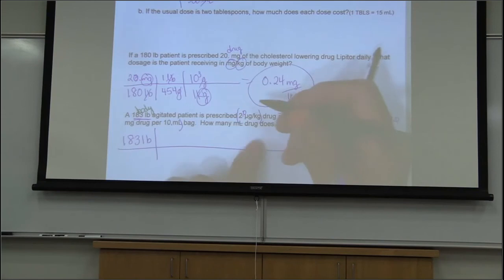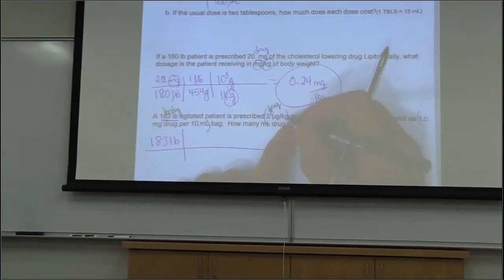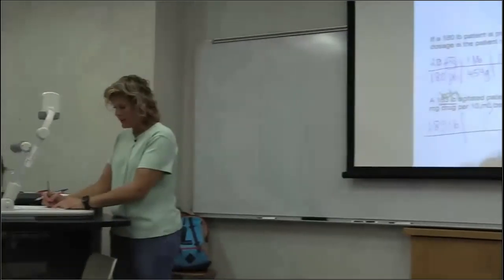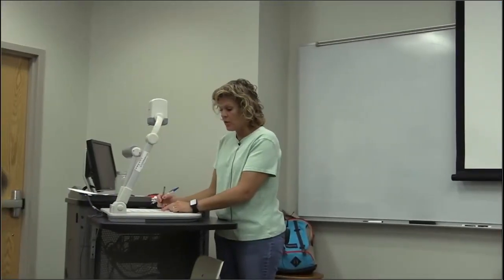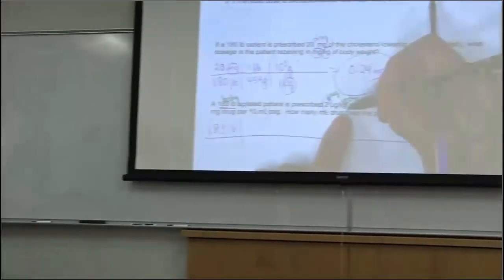What is this 2.0 micrograms? That's drug. That is drug mass. And what's the kilogram here? Body weight. So this is the amount of drug per 1 kilogram of body weight.